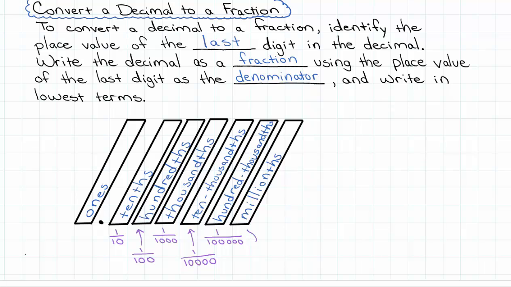And if your last digit ends in the millionths, you're going to have 1 million in the denominator, and so on.